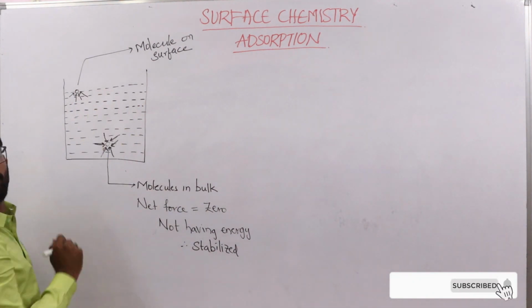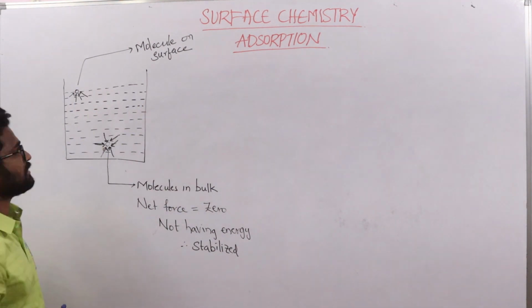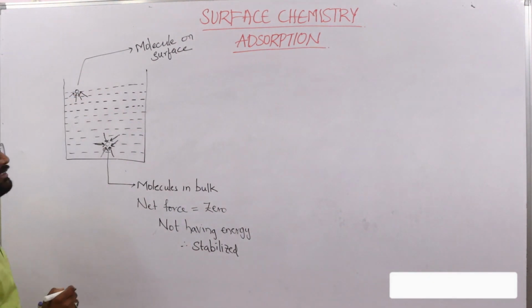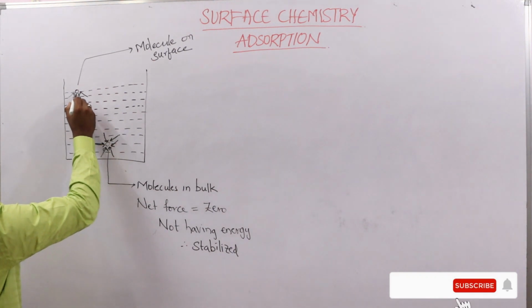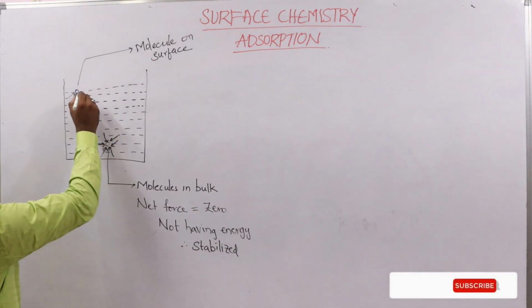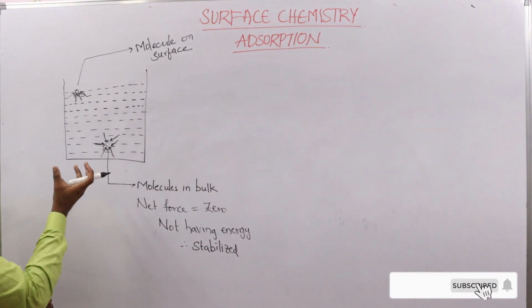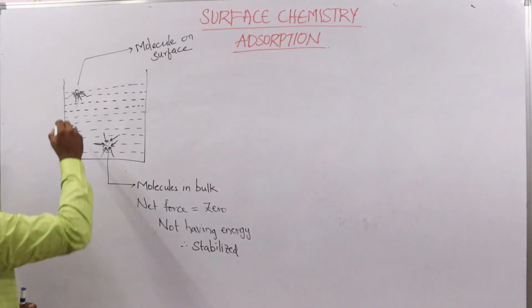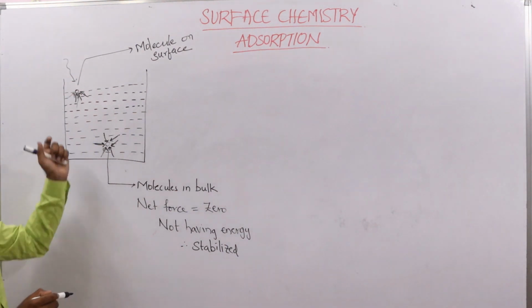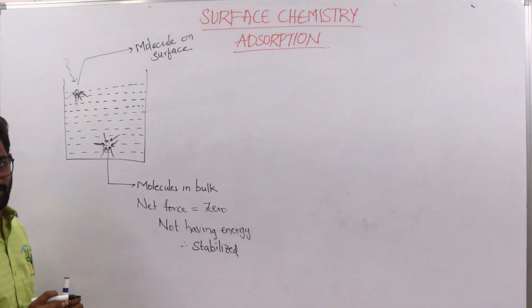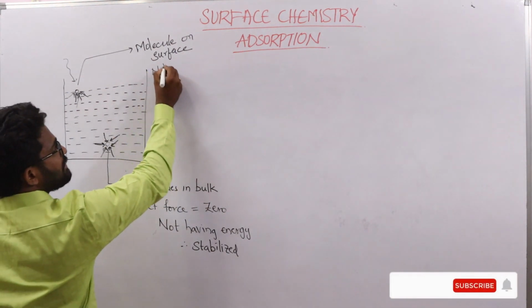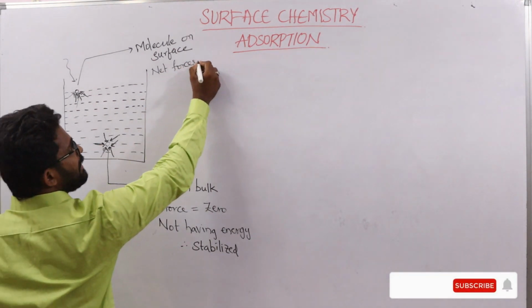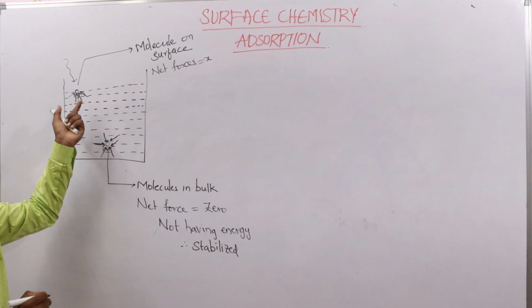When you come to the molecule present on the surface, it has forces, attractive or repulsive, but only from the liquid. From the outer atmosphere, it does not have any forces exerting on it. So the net force acting on the molecule on the surface, let us consider it as X, because it is unbalanced.